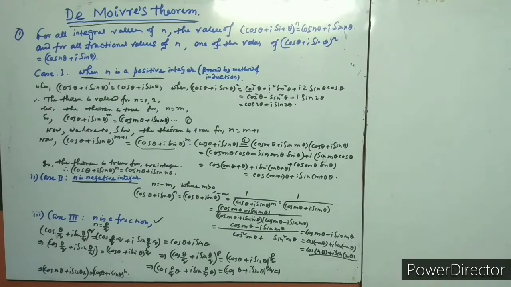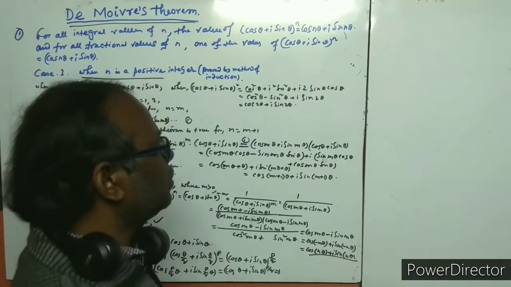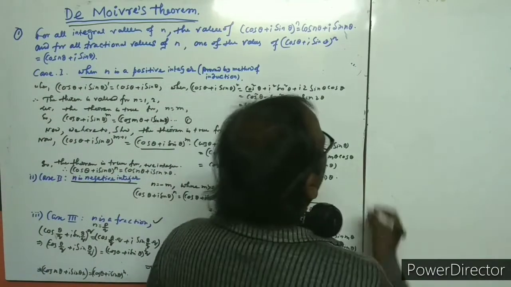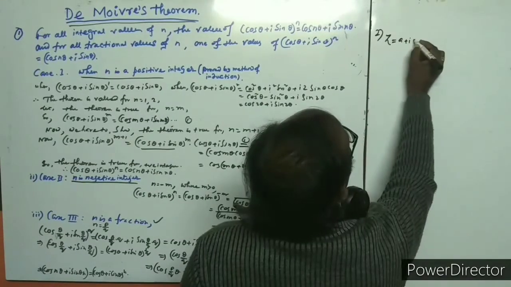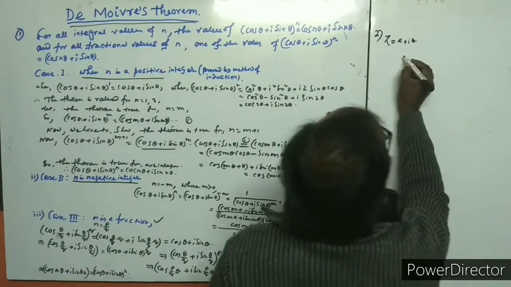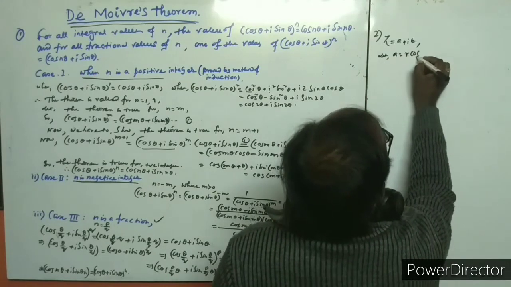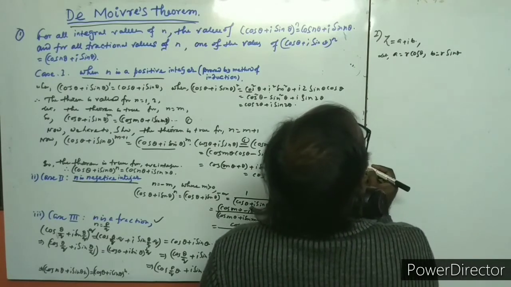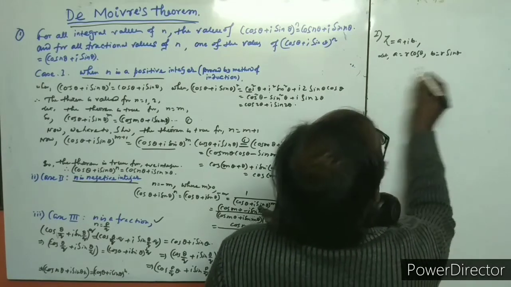Okay, and also the next point we want to introduce here is the nth root. We also introduce another point, that is the nth root of a complex number. So see, if the complex number be z = a + ib. So let a = r cos θ and b = r sin θ.